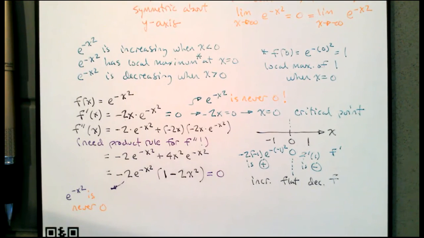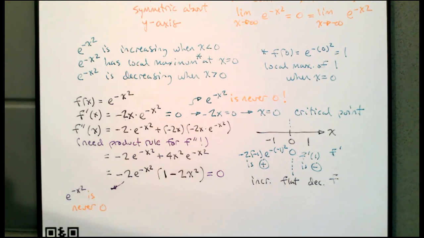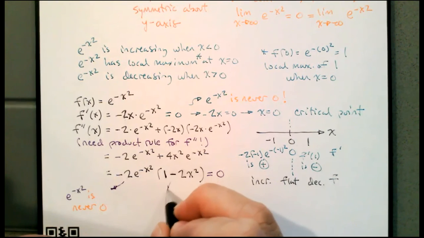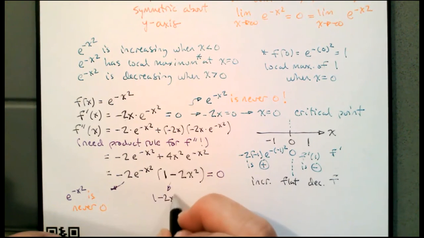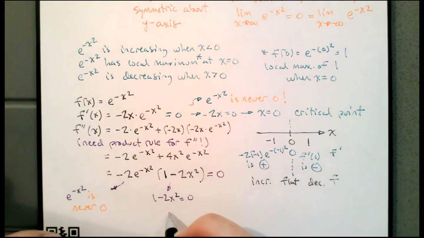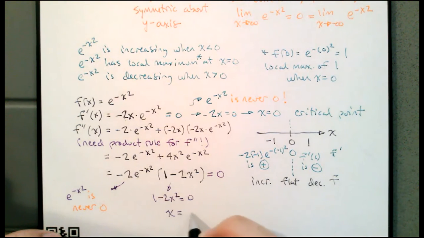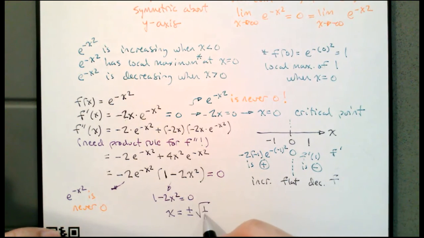But this 1 minus 2x squared could be 0. And it's going to have 2 solutions. And they're going to be opposites of each other. So x is going to be plus or minus, just like we suspected, the square root of a half.